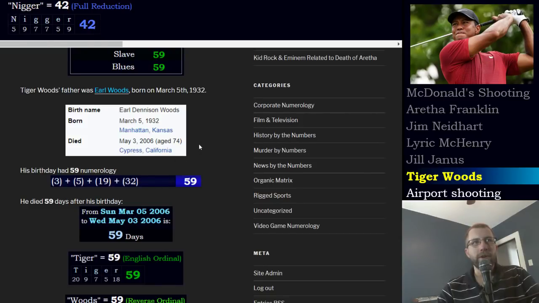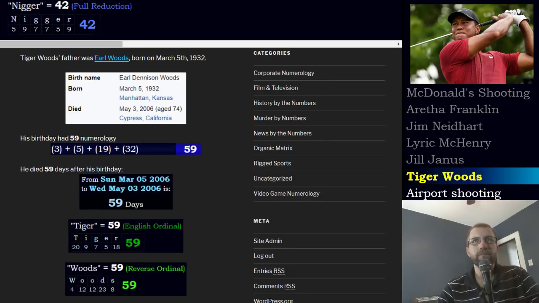So this is an important number, right? Well, check out Earl Dennison Woods, Tiger Woods' father. He was born March 5th, 1932. 3 plus 5 plus 19 plus 32 equals 59. He would then go on to die 59 days after his birthday.